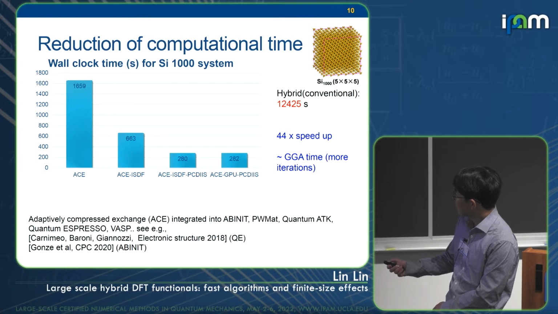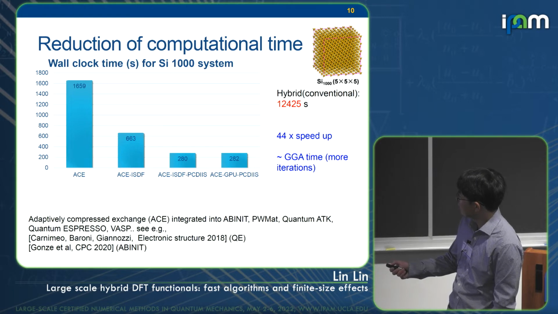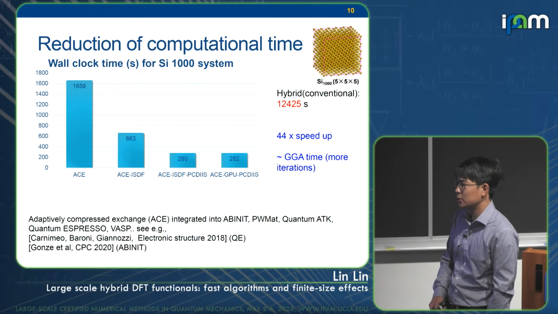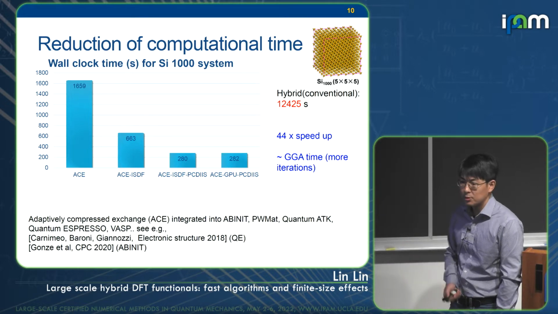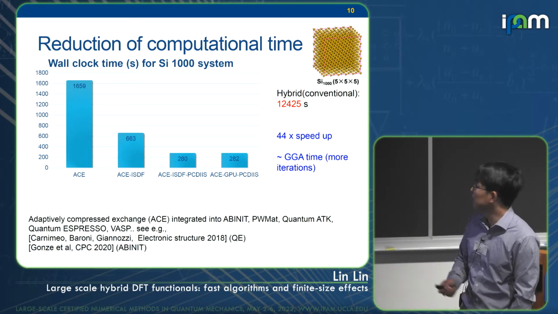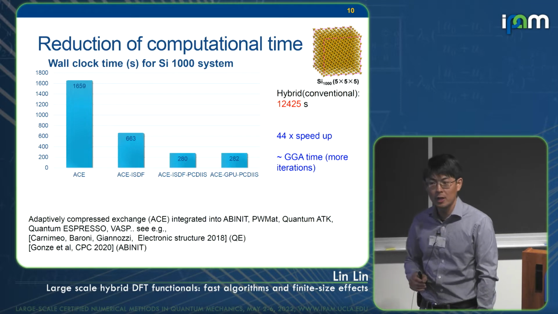Then if you adopt some further lossy compression, you can slash this by a further factor of almost 3. If you combine this with PCDIIS to reduce the number of iterations, you further slash it by a factor of 3 or so. Combining everything together, in the past few years for this particular system, you can achieve more than 40 times speedup.